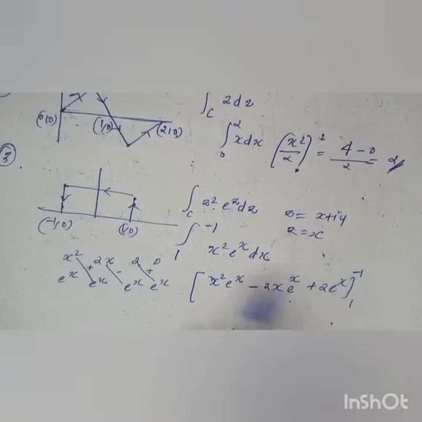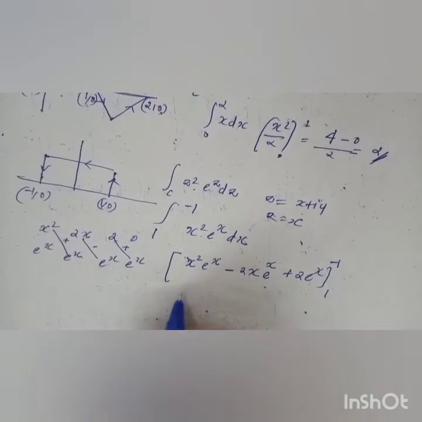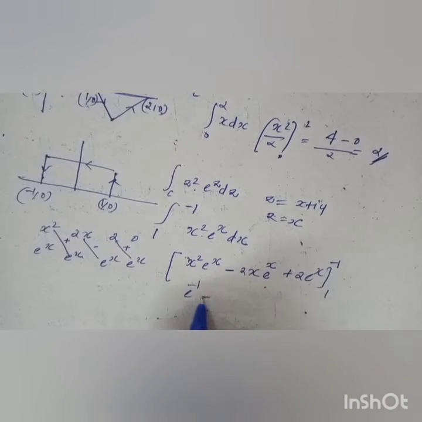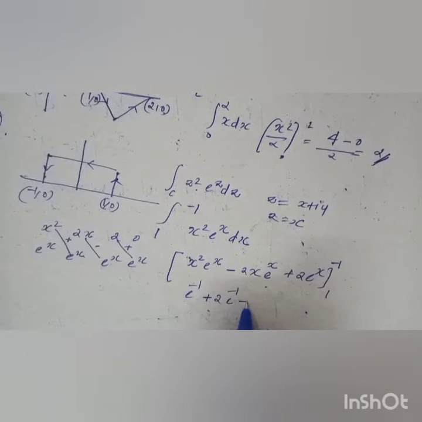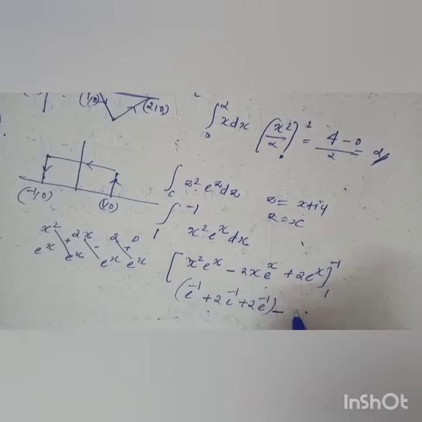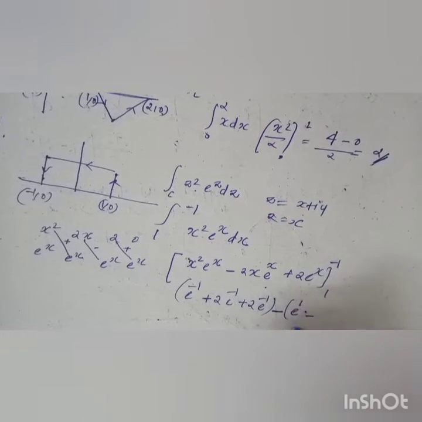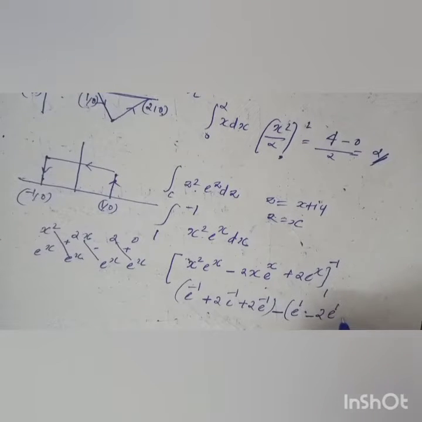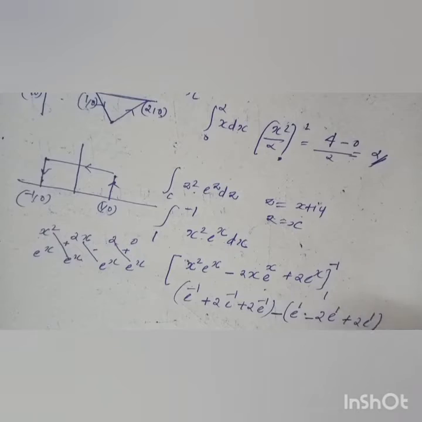This is what you got after integration. After putting in minus 1, that is e raised to minus 1 plus 2 e raised to minus 1 plus 2 e raised to minus 1, minus e raised to 1 minus 2 e raised to 1 plus 2 e raised to 1.